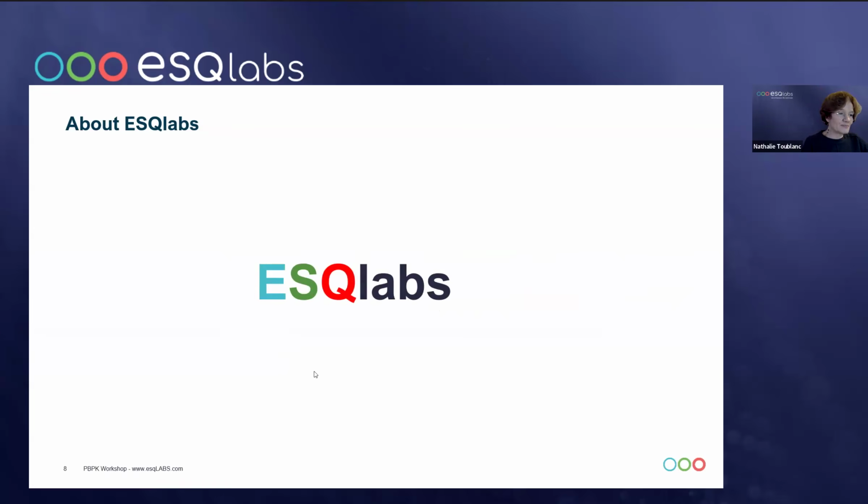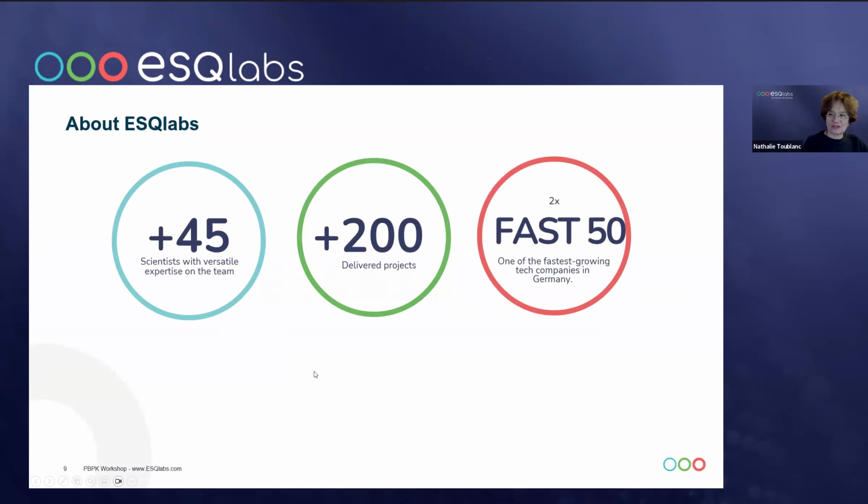ESQlabs was created in 2017, and now we are more than 45 scientists plus other administrative employees. What is really nice is that we've got very versatile expertise. We've got biologists, pharmacists, engineers, and programmers as well, which gives us a very rich team.